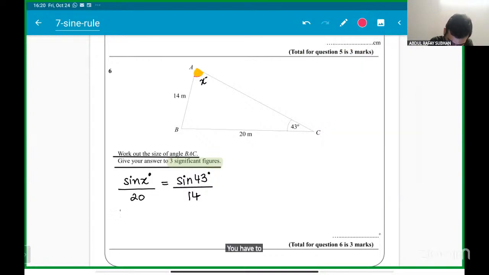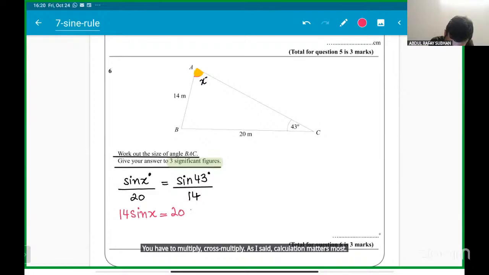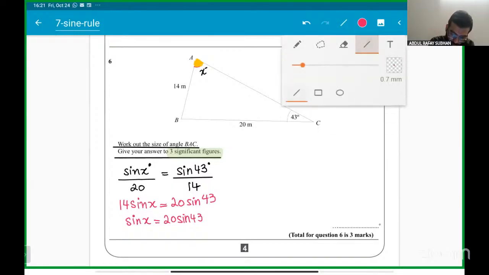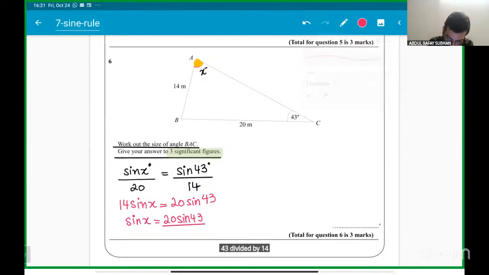You have to cross multiply. As I said, calculation matters most. Try to use the calculator less, and only use it towards the end. So 14 sine x equals 20 sine 43, which gives sine x equals 20 sine 43 divided by 14.